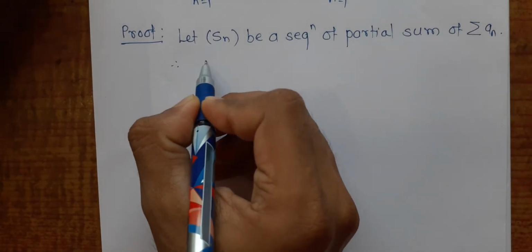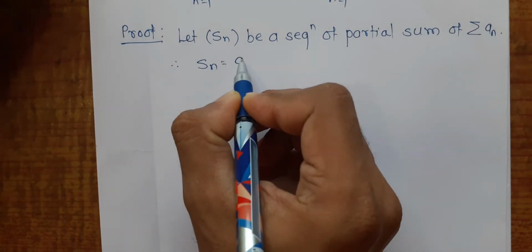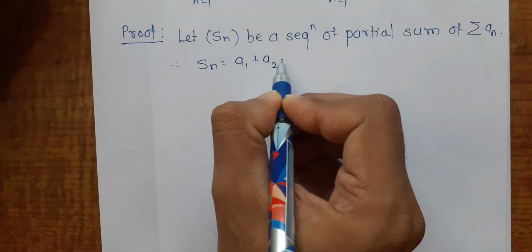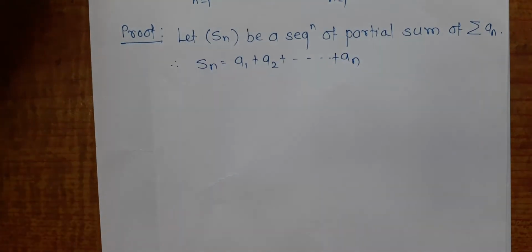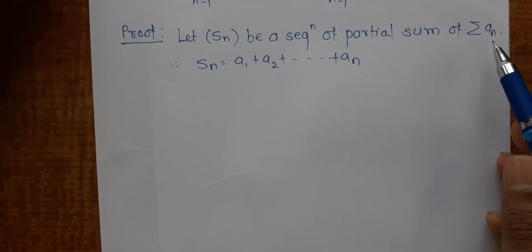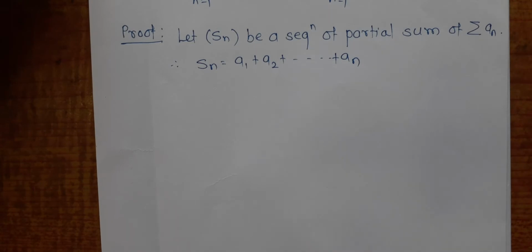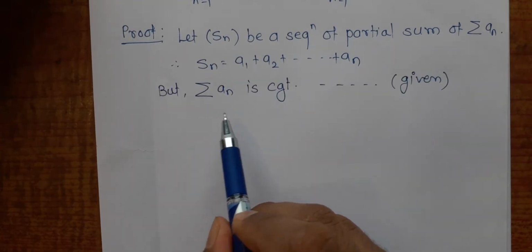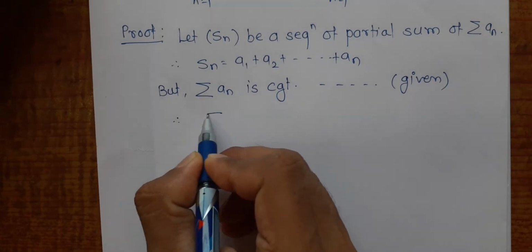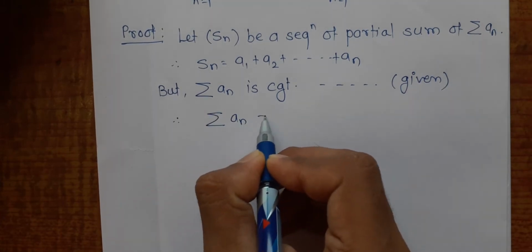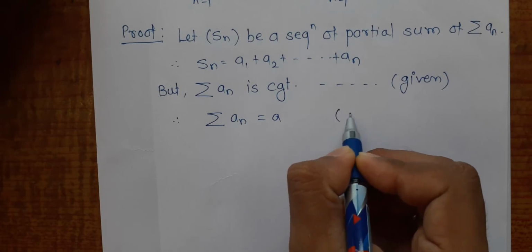So therefore, obviously, Sn is equal to a1 plus a2 plus and so on up to an. But the given thing is summation an is convergent. So given that summation an is convergent, this is the given part. Suppose it converges to a.